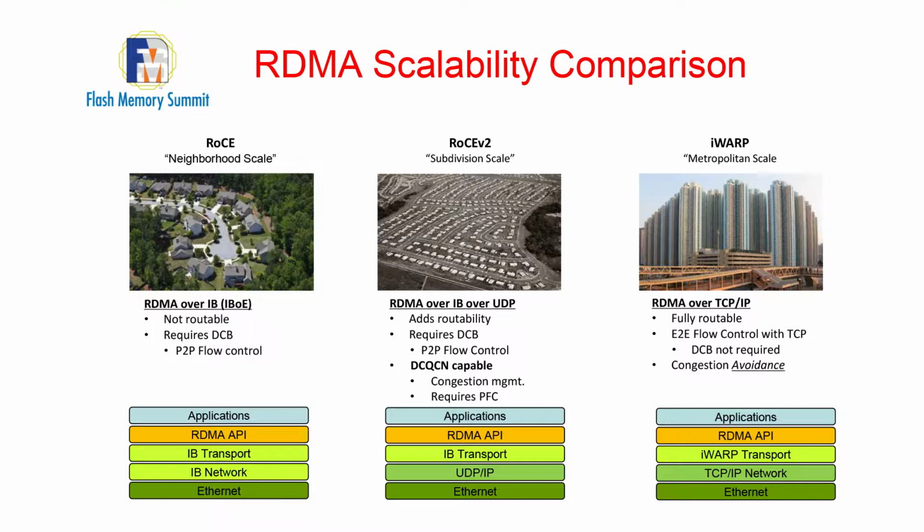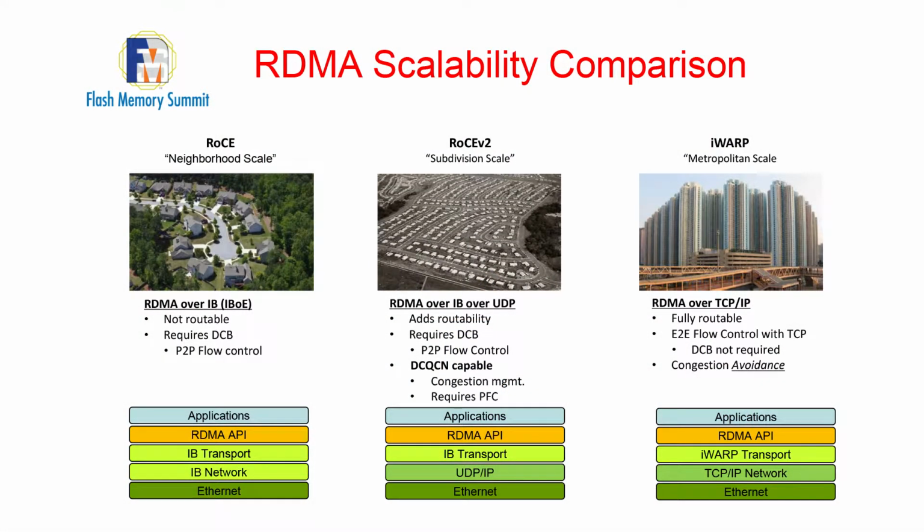But you are not doing flow control at a per flow level. That's where the problem comes. If you are not able to manage traffic, then you run into head-of-line blocking issues. And to solve that, something called DCQCN, which is end-to-end flow control, congestion notification management, has been implemented, that Rob was talking about.